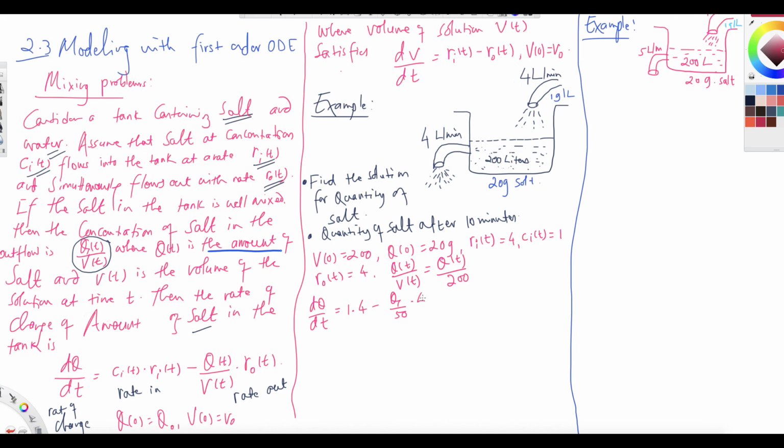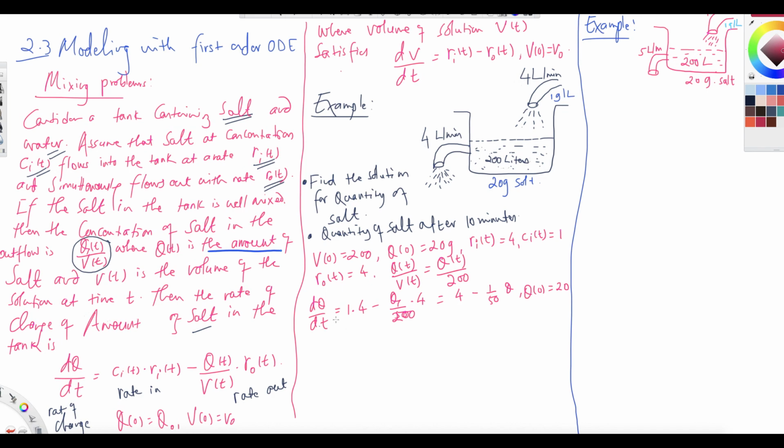So that is 4 minus 1 over 50 times Q. So you want to solve this equation. What is Q at 0 though? Q at 0 is also 20 grams, right?